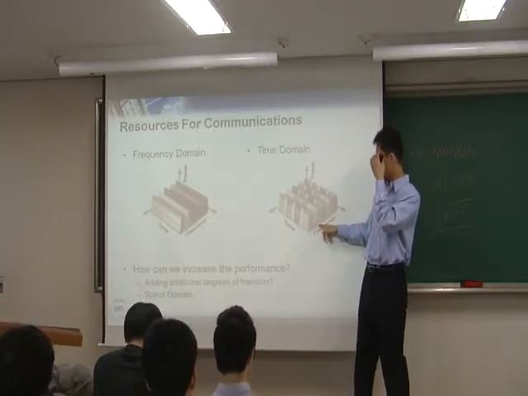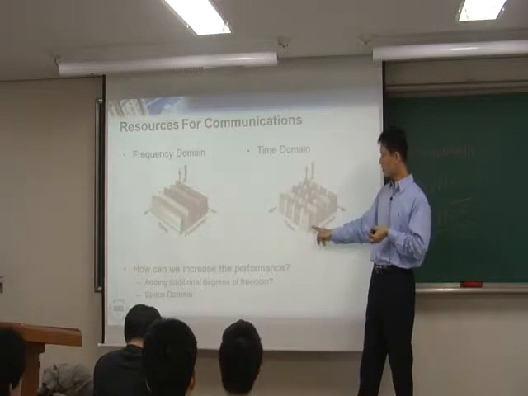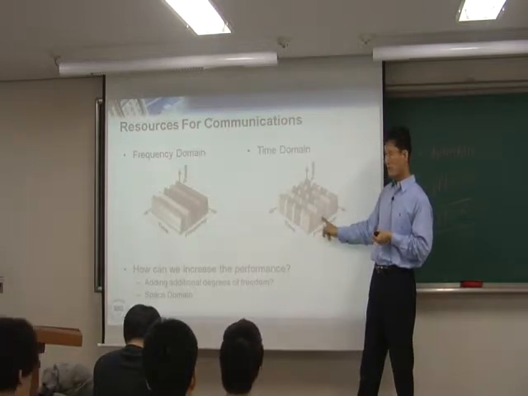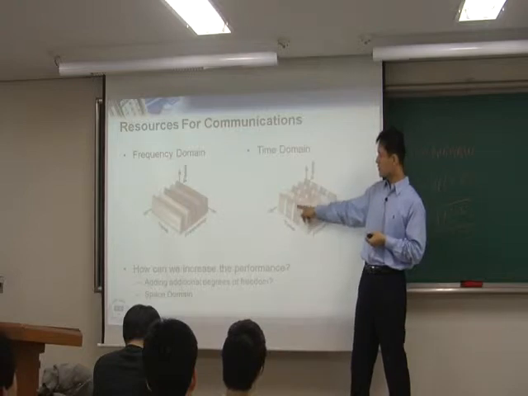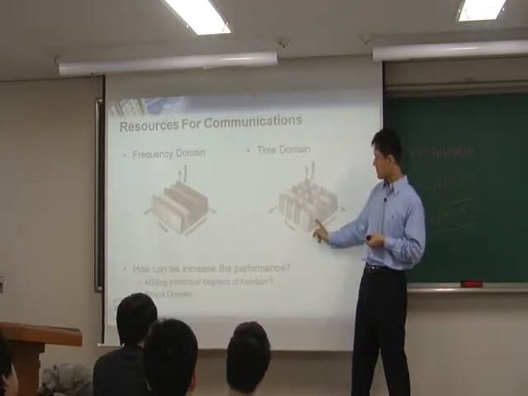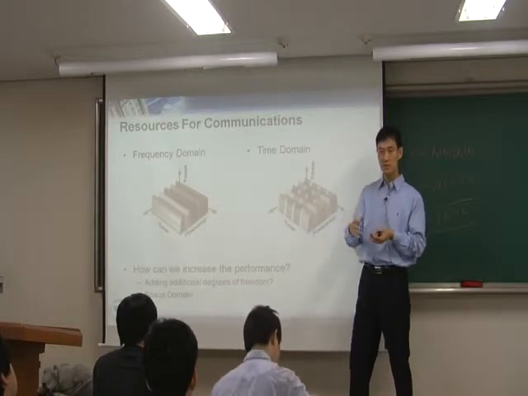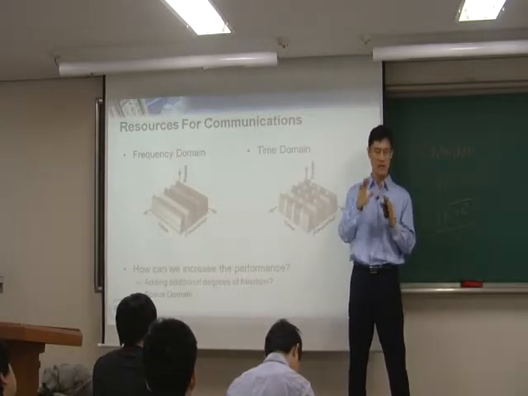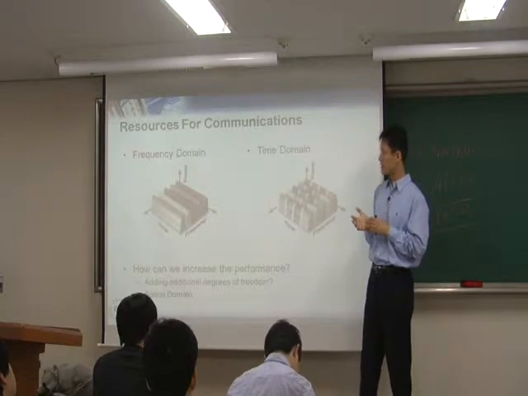Another user also does the same thing. Another user normally uses another frequency, but that frequency sometimes goes bad. In that case, you can jump onto another frequency, which gives you a better condition. You see what I'm saying? So that's the concept of time diversity.